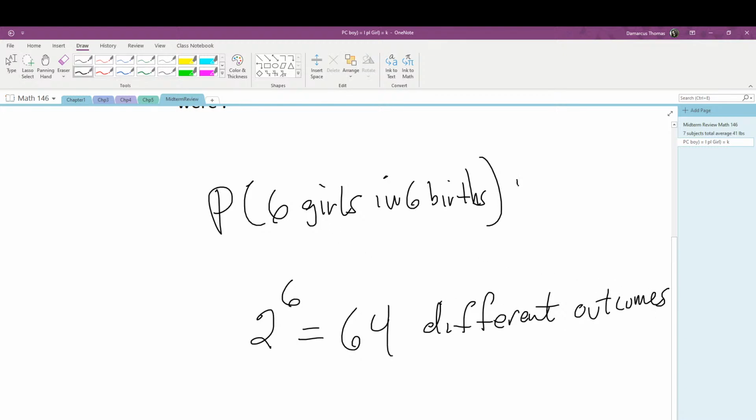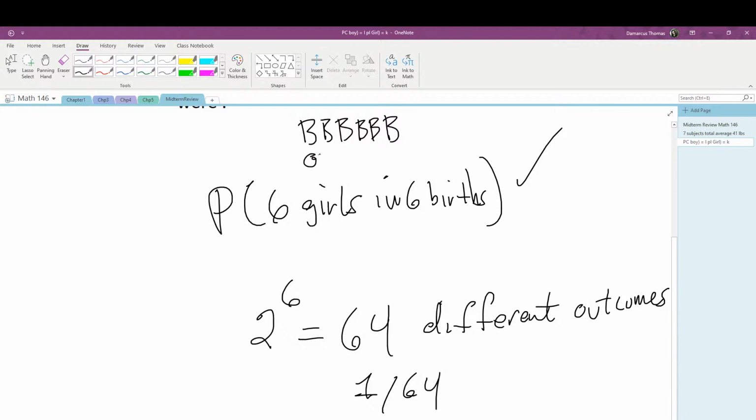Of the six girls, there's only one of them out of the 64. We're not going to count all 64 cases, but you can have 6 boys. This is the only unique case.